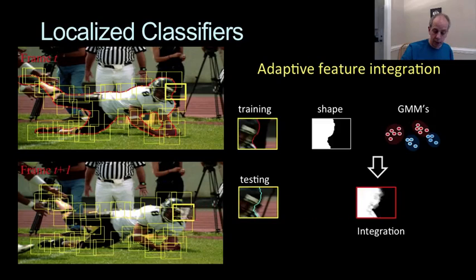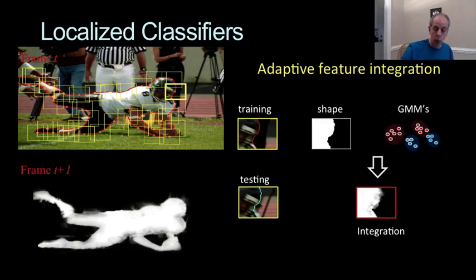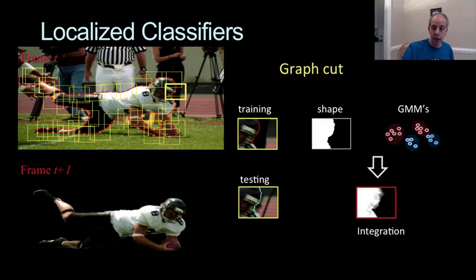And therefore, we put it back, we get that for the entire image, and from that, for example, using graph cuts, we can get a segmentation. And from this frame, we will be able to go to the next frame. Before that, I have to explain you how we do this merging.